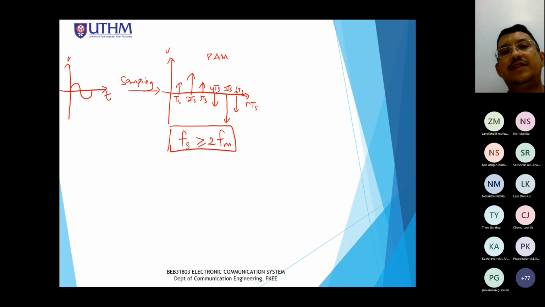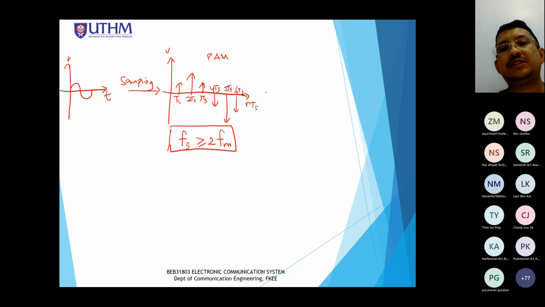After this, you see that our sample values have an infinite range of values, which is difficult for us to do signal processing on. Since we have an infinite variation of sample values, we need to round the values up to the nearest levels so that it is easy for us to process and to make it a digital signal.